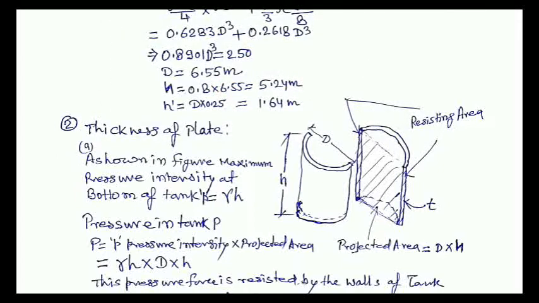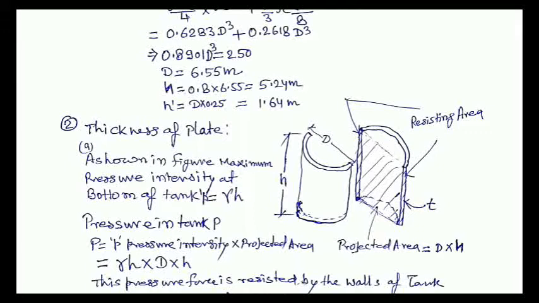Second, now we have to design the thickness of the plate of the cylindrical part first of all. So the thickness of the plate making the cylindrical part of the tank. We first have to find out the hoop stress. For finding the hoop stress, the total pressure inside the tank will be the maximum pressure intensity at the bottom of the cylindrical part multiplied by the total resisting area.